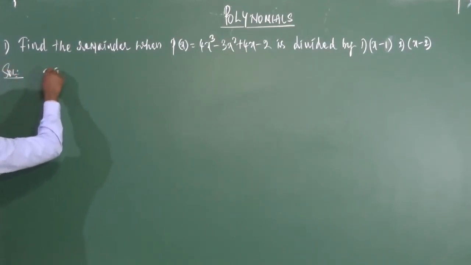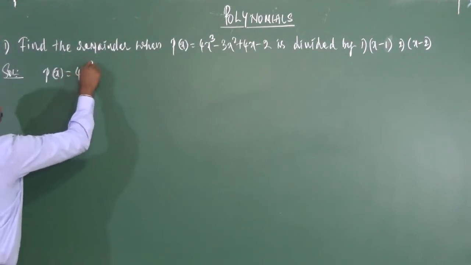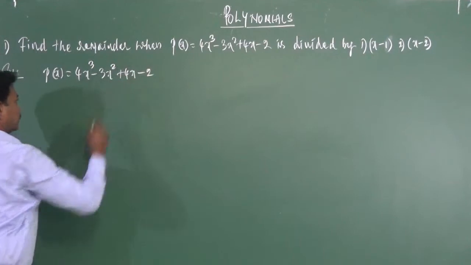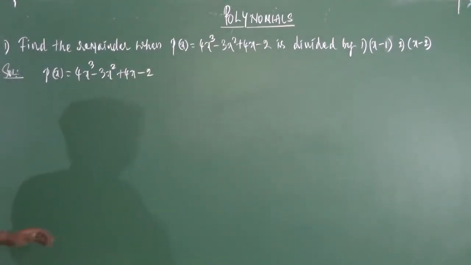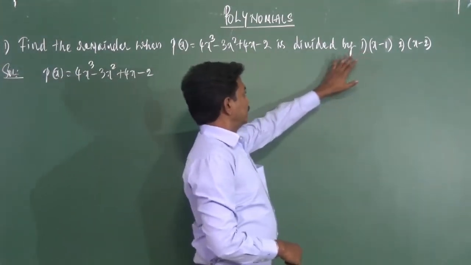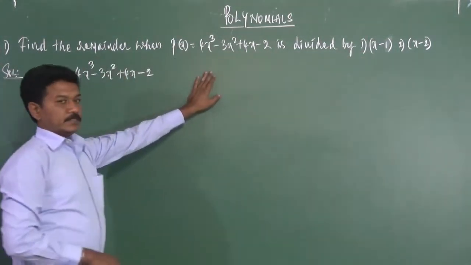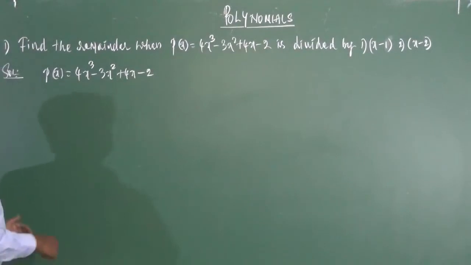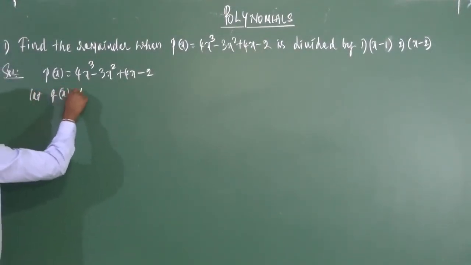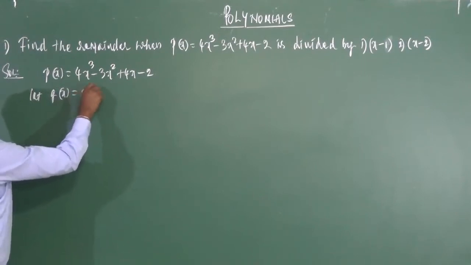So p of x is equal to 4x cube minus 3x square plus 4x minus 2 is the given polynomial. You have to find the remainder when x minus 1 divides this polynomial p of x without doing actual division. So now let g of x is equal to x minus 1.